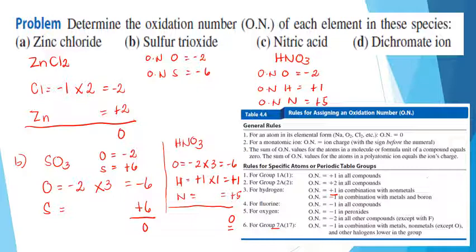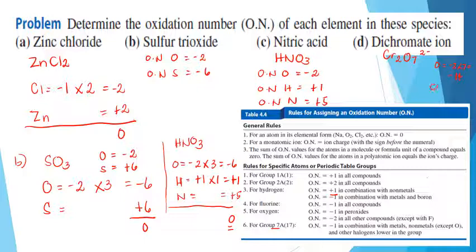In the case of the dichromate ion, the formula here is Cr2O7 2-. Again, get the oxidation number of your oxygen first. Your oxygen has a -2 charge times 7, so that is equal to -14. Take note that we have 2 chromium.